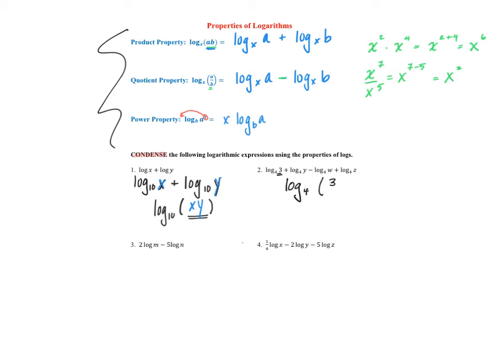So if log base 4 of y is added to that first log, that y is going to be in the numerator because that makes a product. The following log is subtracted, log base 4 of w. Since it's subtracting, I'm looking at the quotient property, which says that if logs are subtracted, the argument values are divided. So I'm going to place that w in the denominator.